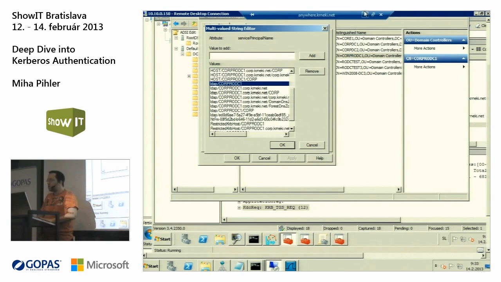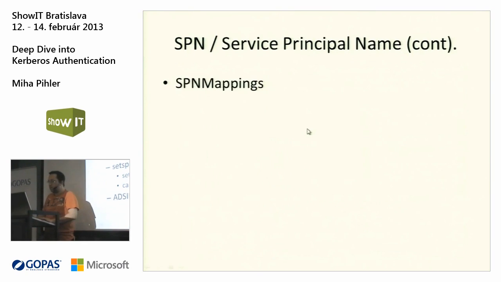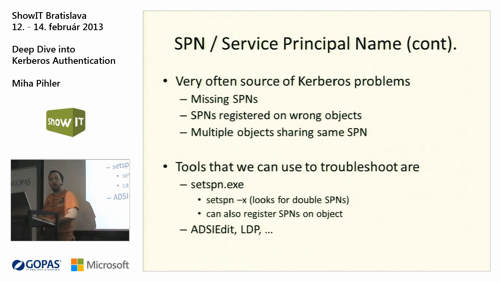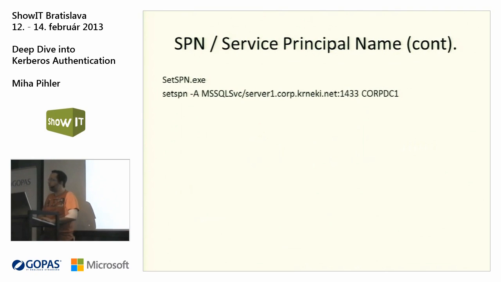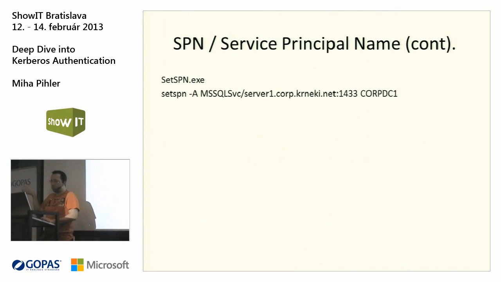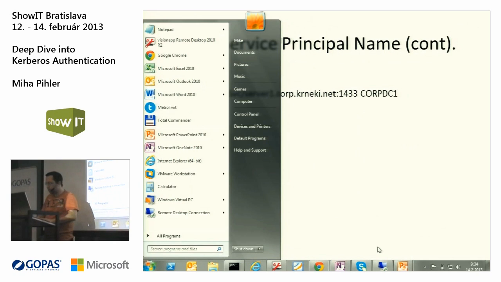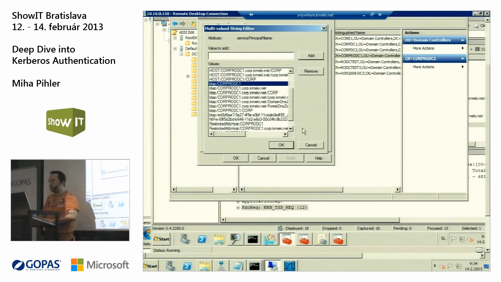What is the most common way to add SPNs to the object? Well, one of the most common is to use the setspn command line tool. Here is an example. I personally would rather use ADSI Edit. It's usually more intuitive for me.